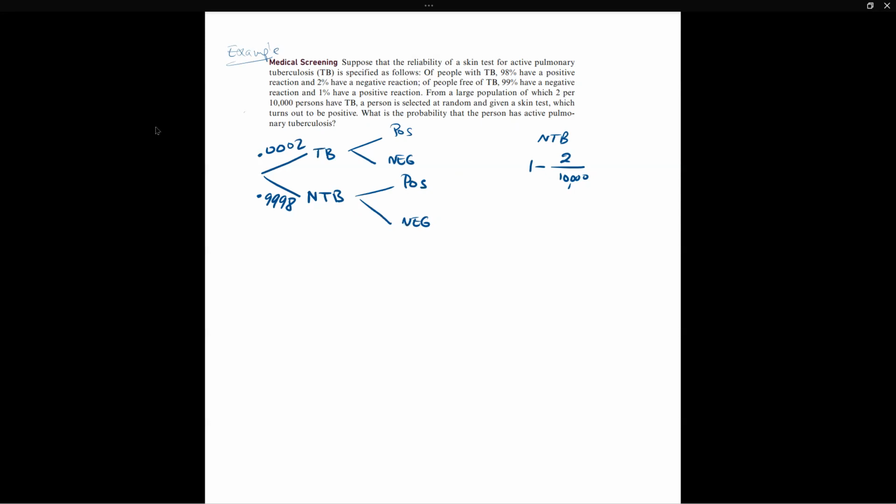A person is selected at random and given a skin test, which turns out to be positive, right? If it turns out to be positive, that's the 98%, which leaves this complement, the 2%. Given a test which turns out to be positive, what is the probability that the person has active pulmonary tuberculosis, right?